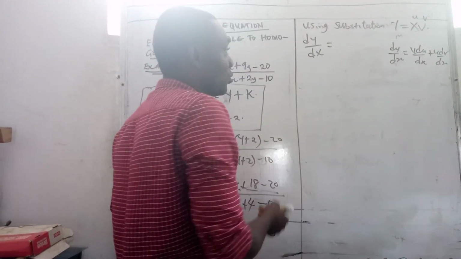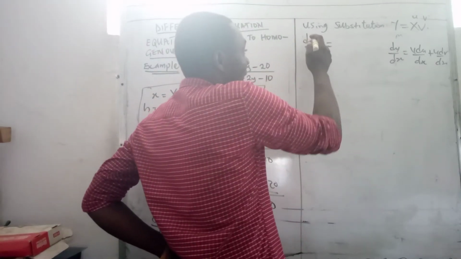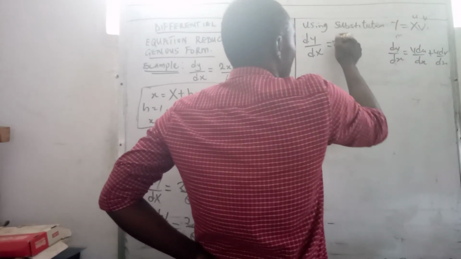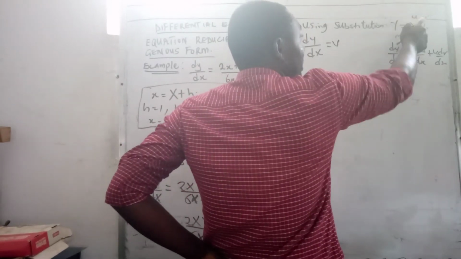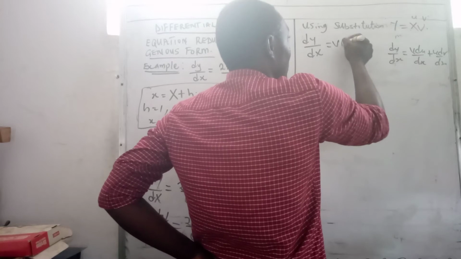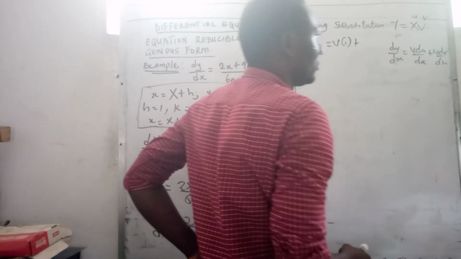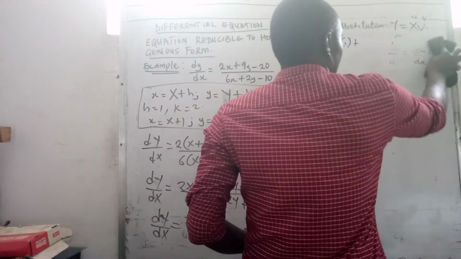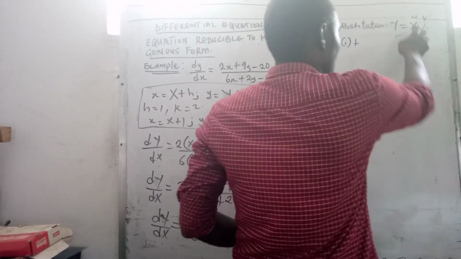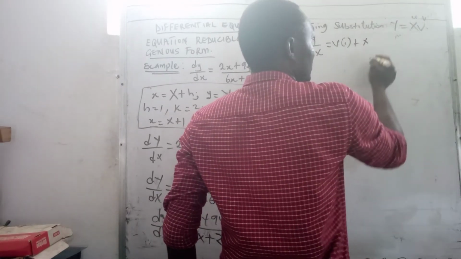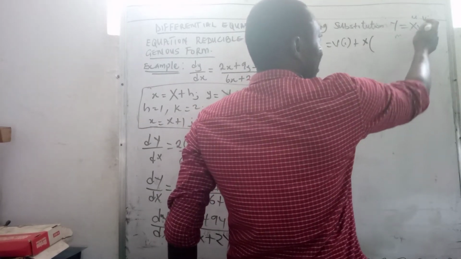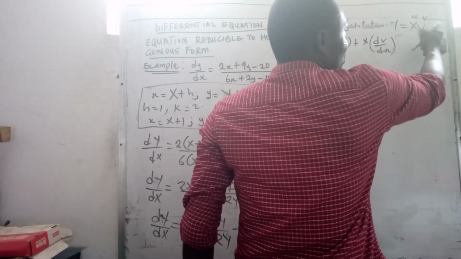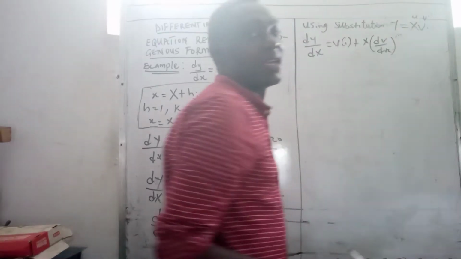So applying that, I'm going to have the dy/dx is v. So v is my v. So I have v du/dx. When I differentiate, it's just 1, plus this, so I have u, so x. When I differentiate, I'm going to have dv/dx.